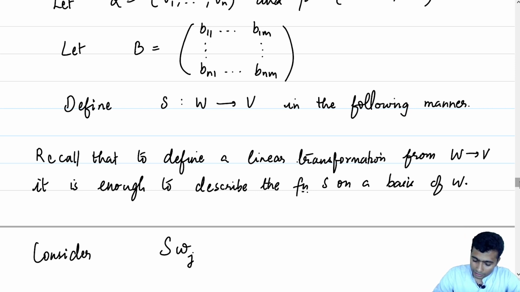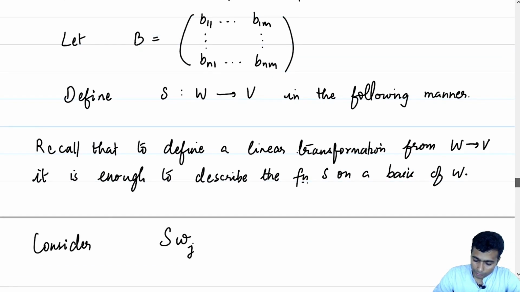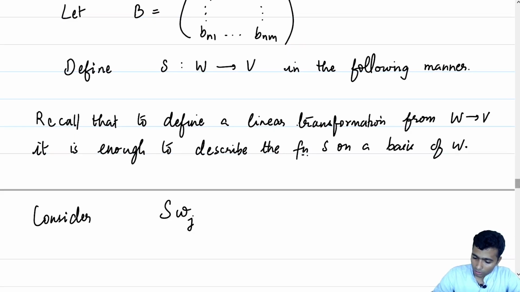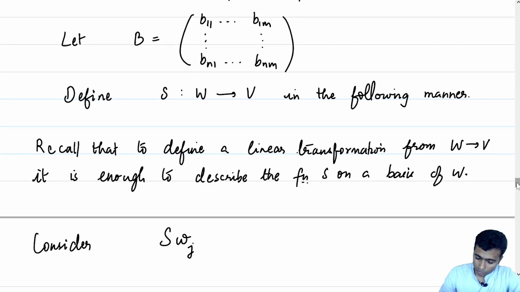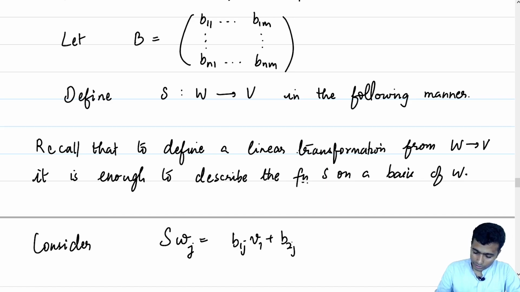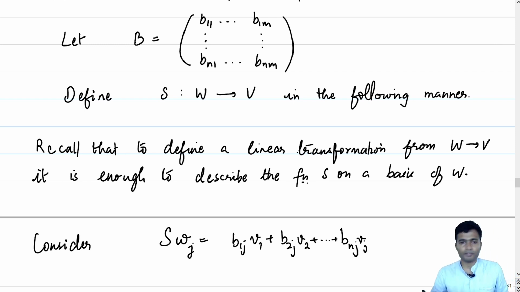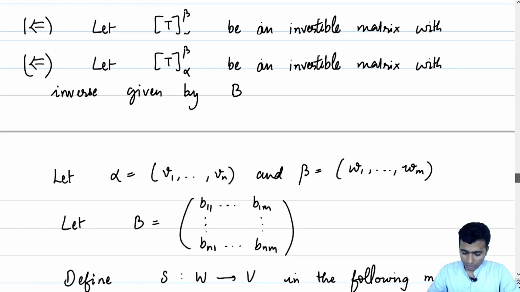And if that is to be the case, let's see what Swj should be. Let me show you what B is on the top, and let me define Swj by keeping B above. So this will just turn out to be equal to B1j V1 plus B2j V2 plus ... Bnj Vn, which let's call Uj.